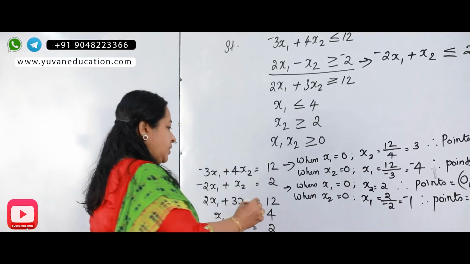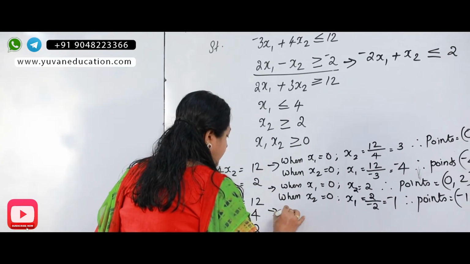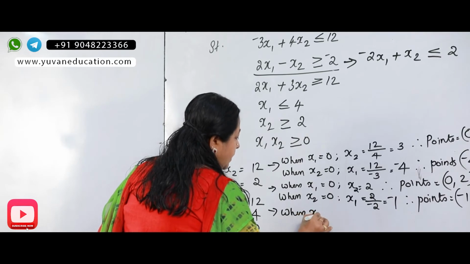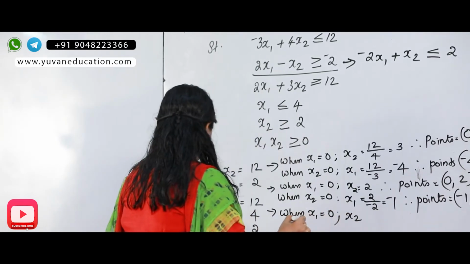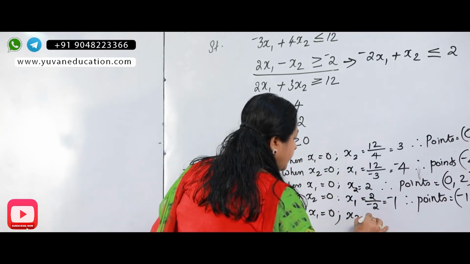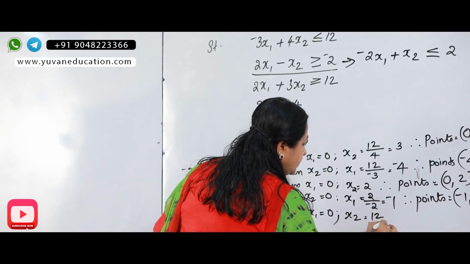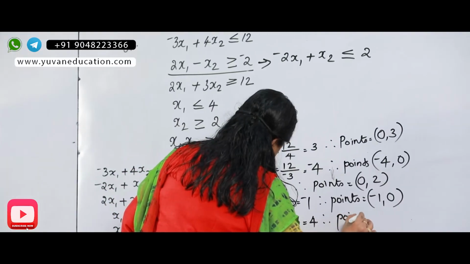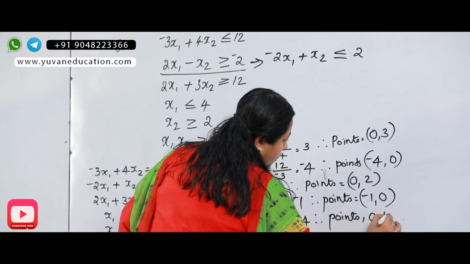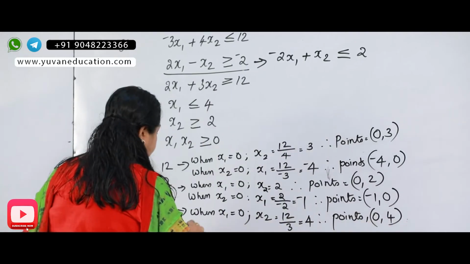Then third constraint, when x1 is equal to 0, x2 is equal to 12 by 3, it is 4. Therefore, points 0, 4.